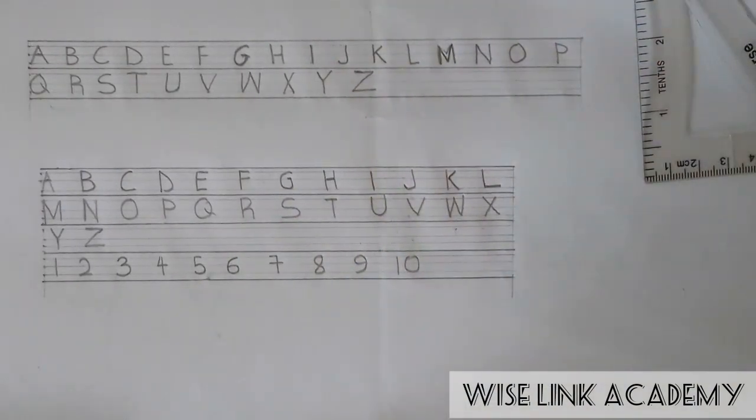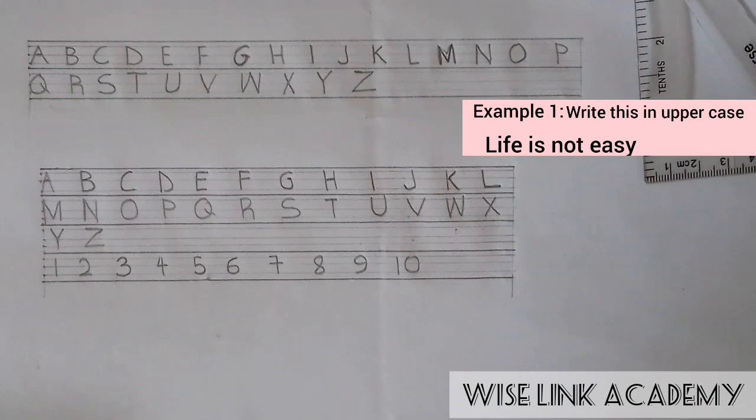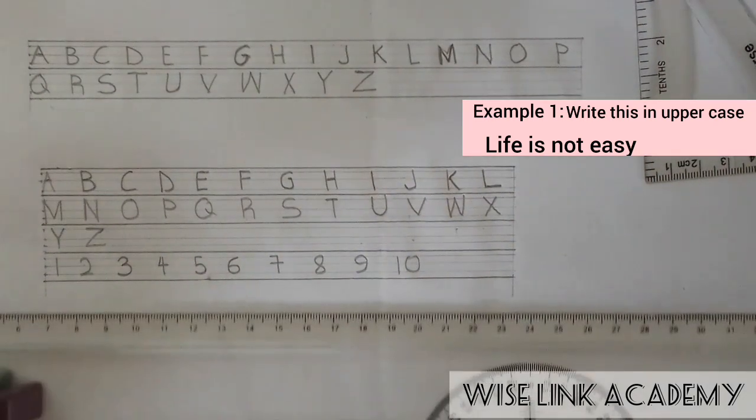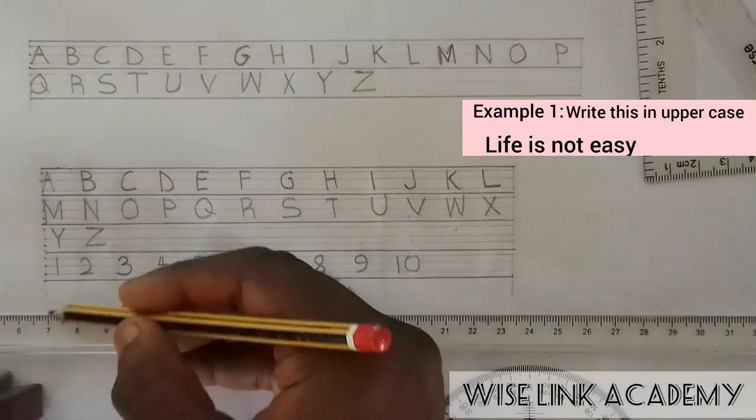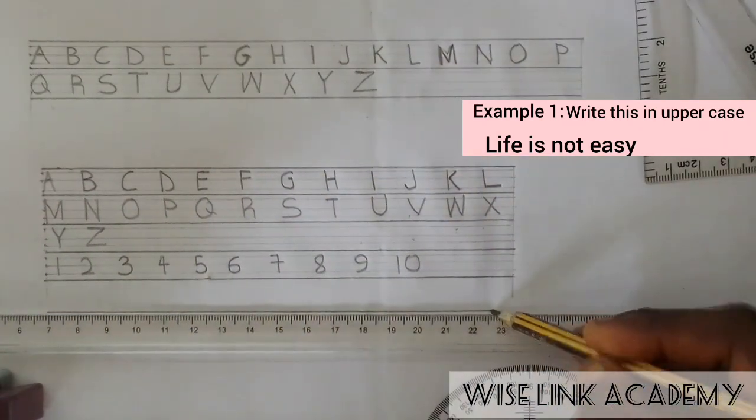So you have this. Let's take an example, as you can see at the right corner of the screen. The example says: Life is not easy. Life is not easy. So now let's do that. Simply take your t-square this way. Let's draw a thick line here, right?